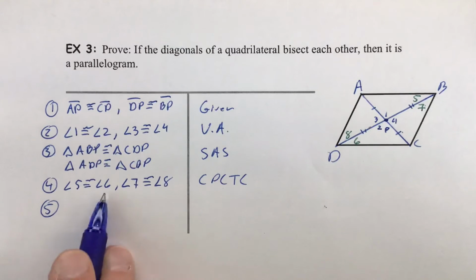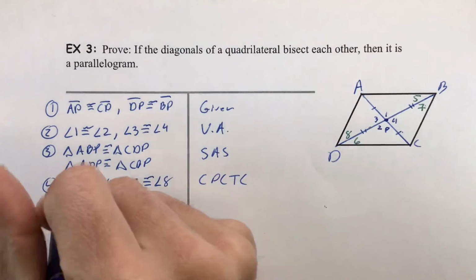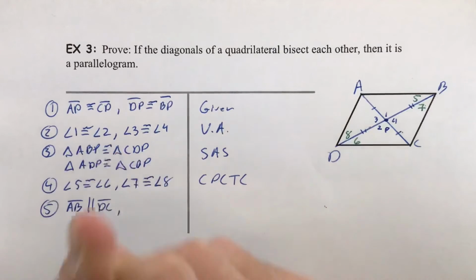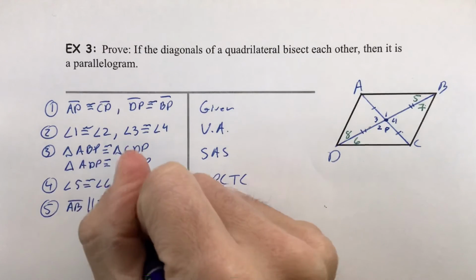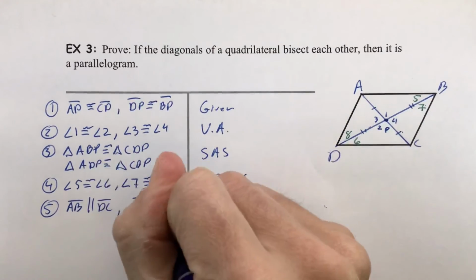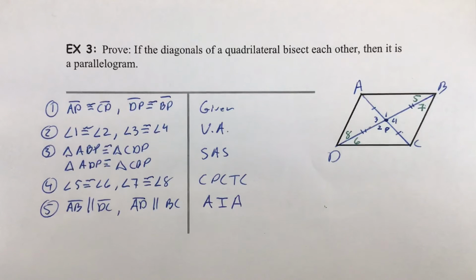So the 5 and the 6, those two together are going to show that AB is parallel to DC. And 7 and 8 are going to show us that AD is parallel to BC. That is using alternate interior angles. Because the alternate interior angles are congruent, the sides have to be parallel.